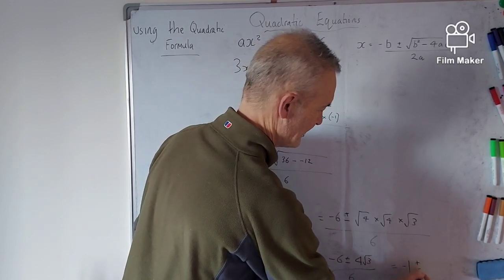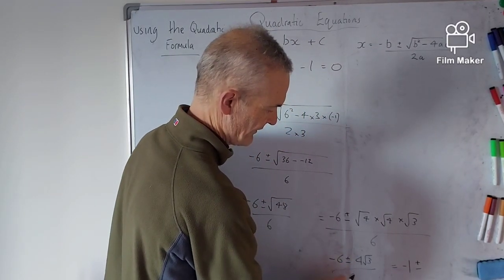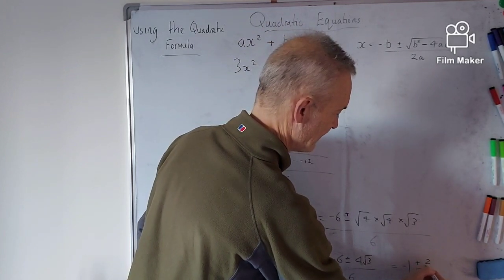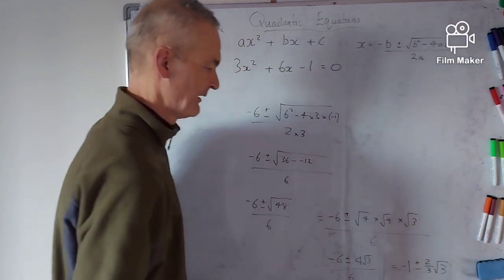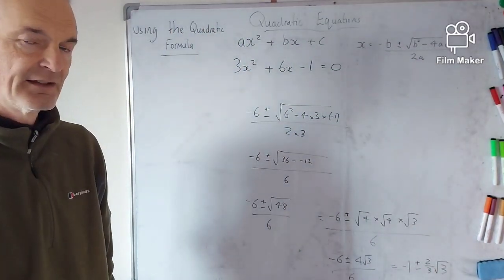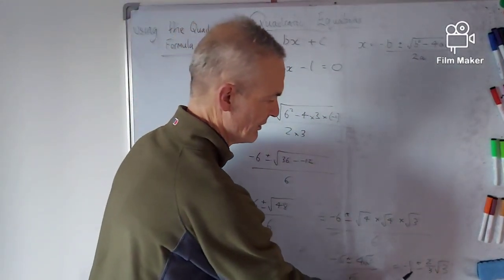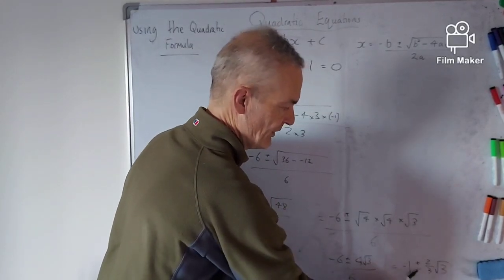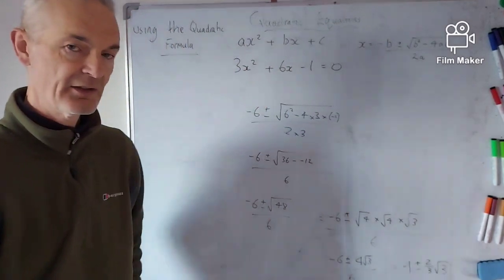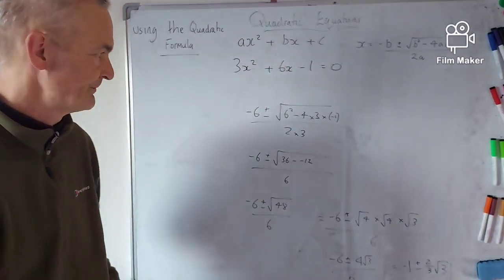Then we've got plus or minus, and then we've got 4 over 6, which is the same as 2/3 root 3. Okay, so that is the solution. Notice that there are two solutions here, one where this is positive and one where it's negative. So we could work out those from that.